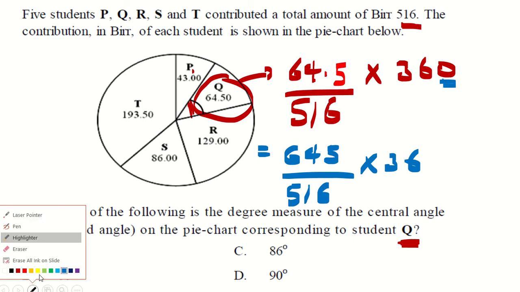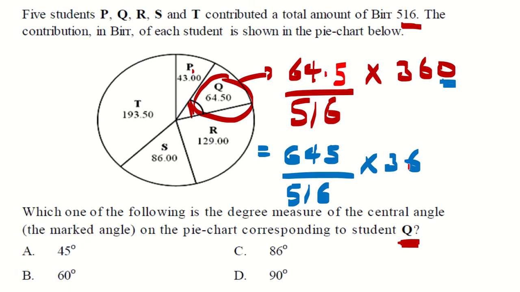In this kind of question the simplification is somewhat confusing, but you need to take care. 36 is divisible by 2 or by 3. We can simplify both by 3, so this will be 12. This also by 3, because 5 plus 1 is 6, 6 plus 6 is 12. If the sum is a multiple of 3, we can divide by 3. So when you divide by 3, it will be 172.